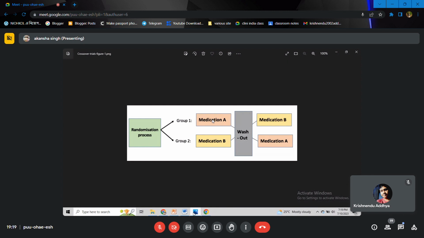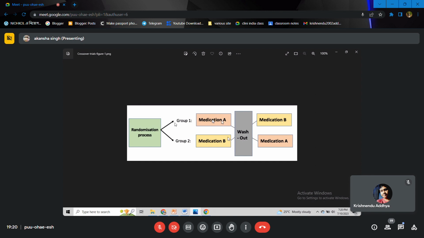So similarly, we have taken the sample, and then we randomize into groups, like two groups, group 1 and group 2. Group 1 gets a medication, or you can say treatment A, and the other group gets treatment B. Suppose you have one standard and one test drug, and you give one medication to one group and the other to the other group.